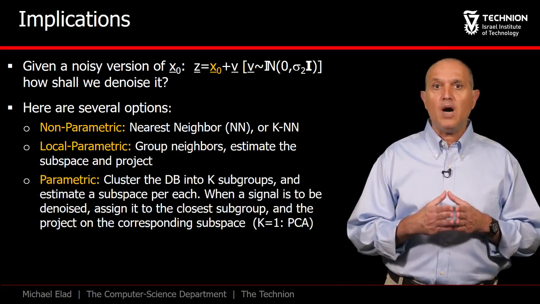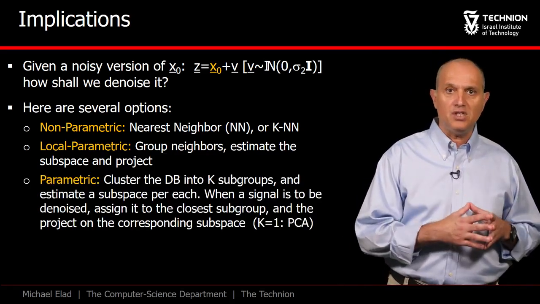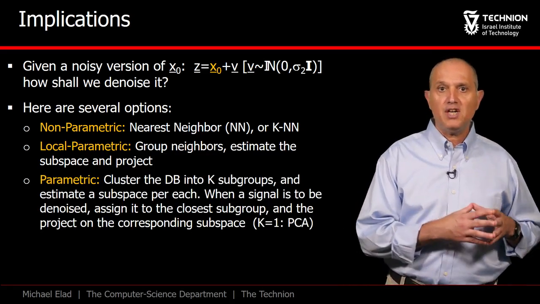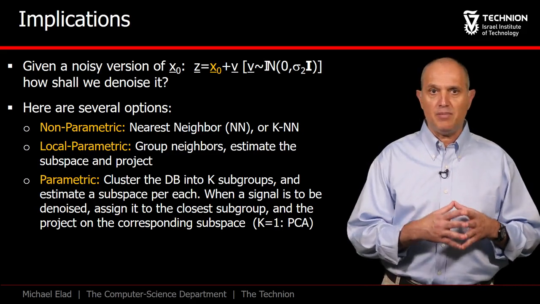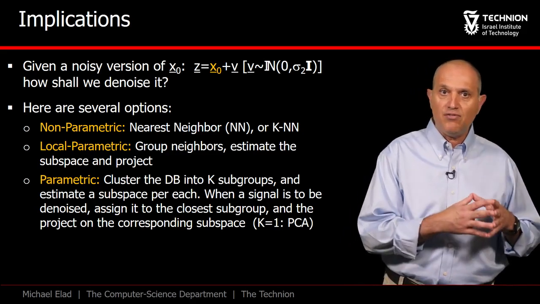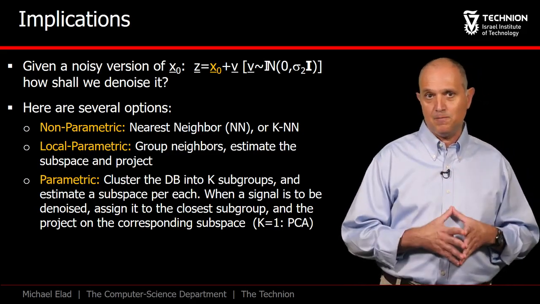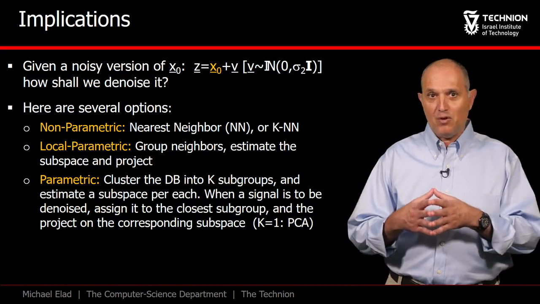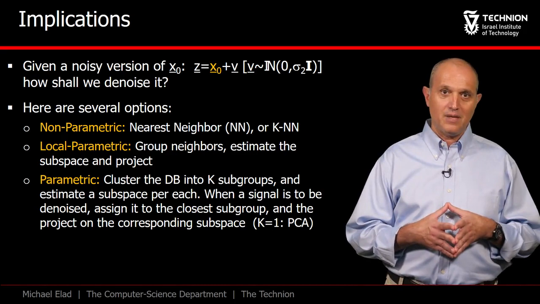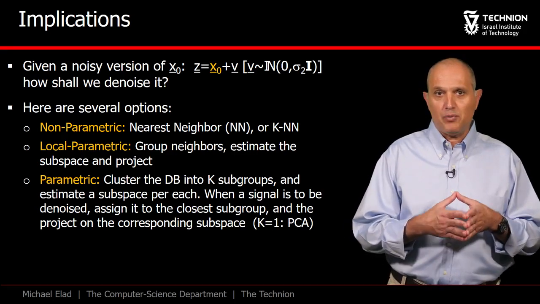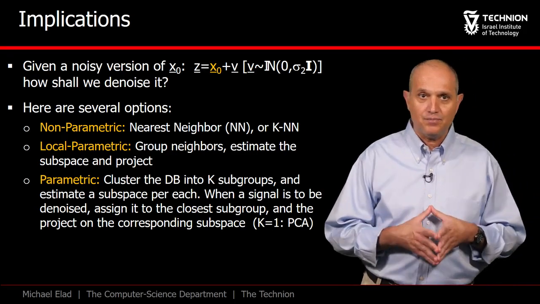An alternative is to a priori cluster all the patches into k groups and simply project onto the closest of them. This is exactly the idea behind the GMM, in which we tessellate the data manifold into local subspace pieces. By the way, when k, the number of clusters, equals 1, this reduces to the well-known PCA. Clearly, for this clustering idea to operate well, we need large k value.